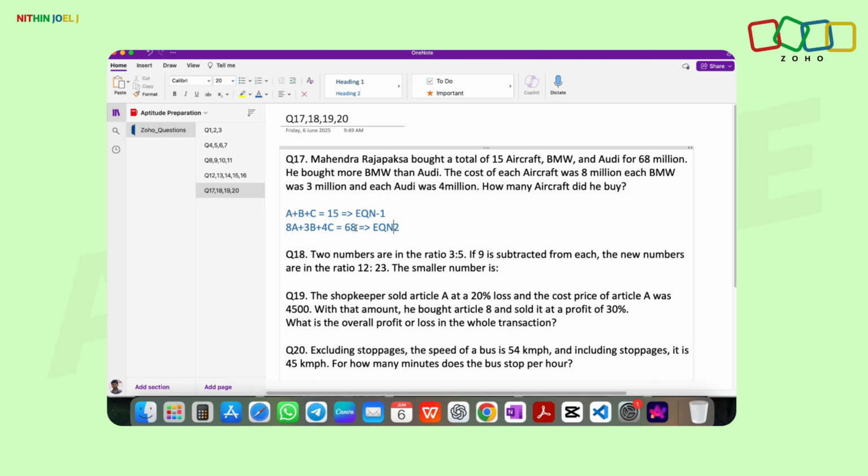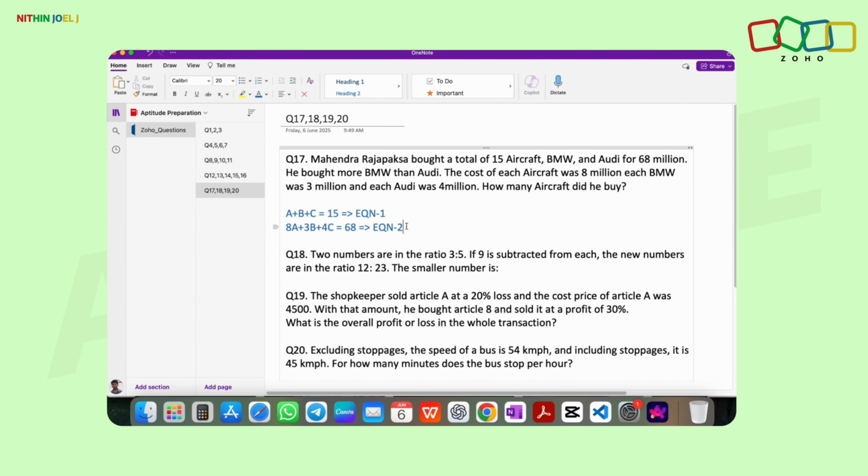Now we have two equations but three variables. We can't find three variables with two equations. So now we have to reduce these three variables into two variables. Let's see how.